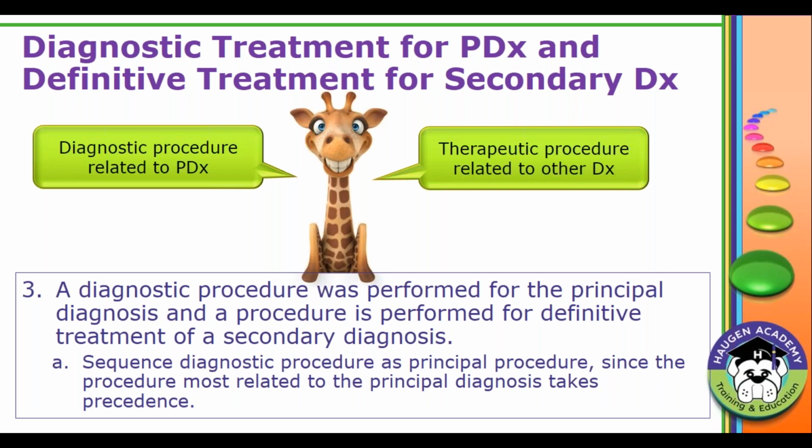I mean, it seems like you want to put that definitive code first. And unfortunately, the coding guideline says no, your definitive code doesn't go first because it's not related to the principal diagnosis. So you're going to sequence your diagnostic procedure as the principal procedure since it is most related to the principal diagnosis and takes precedence.